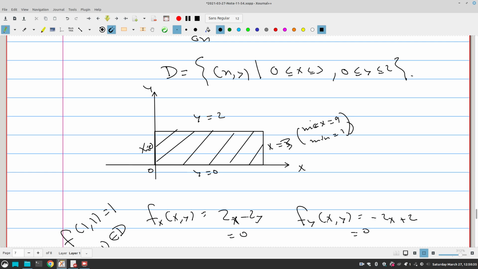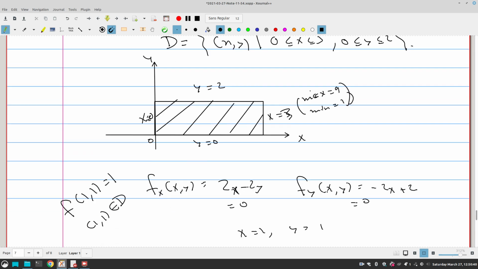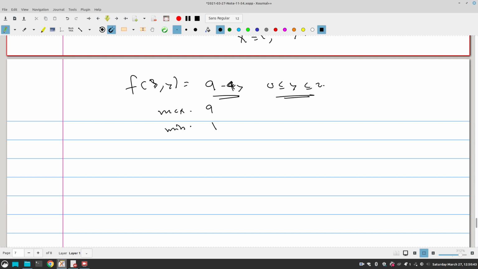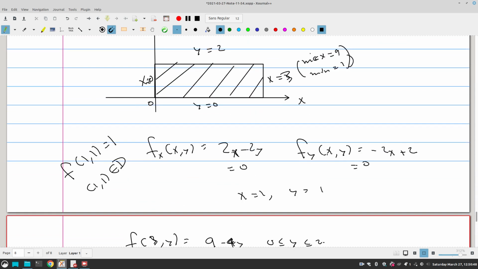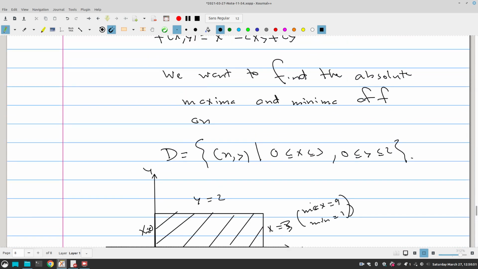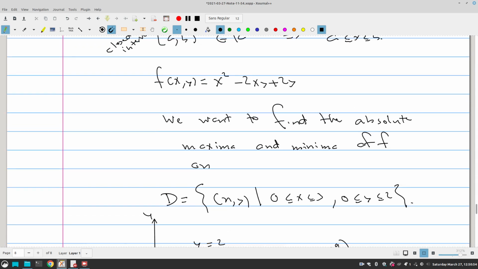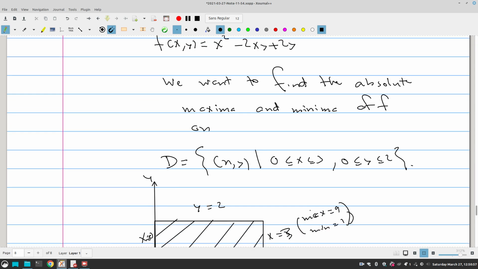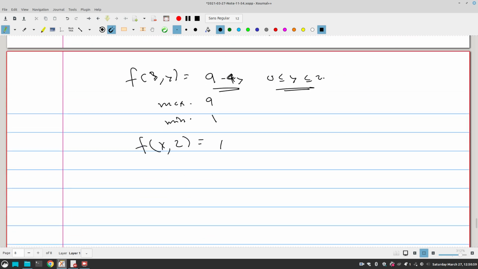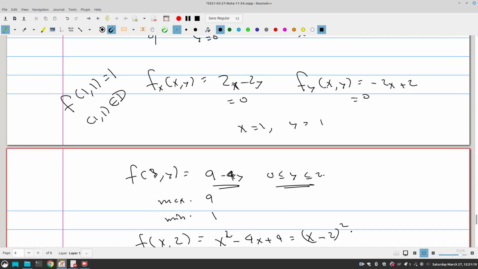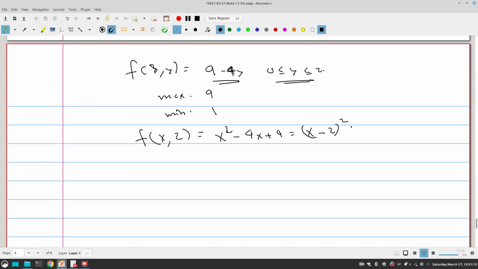And then how about here, if y is equal to 2? So f(x, 2) equals x squared minus 4x plus 4, which is equal to (x minus 2) squared. x can go from 0 to 3.